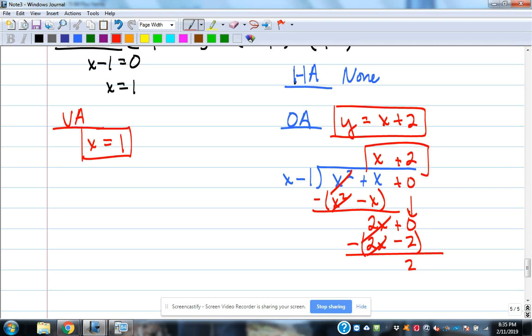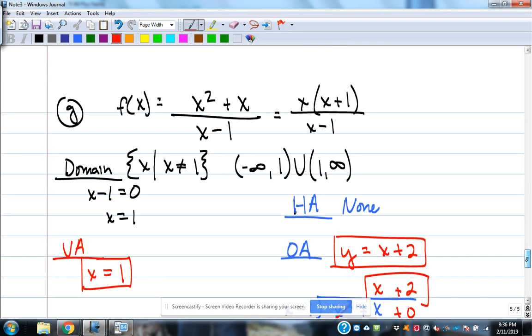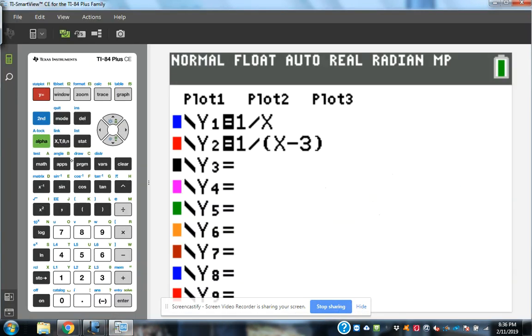That's your oblique asymptote. Let's look at the graph and show what an oblique looks like. Yes, absolutely. After two steps in the long division, that's all you have to do. The rest of it doesn't matter.